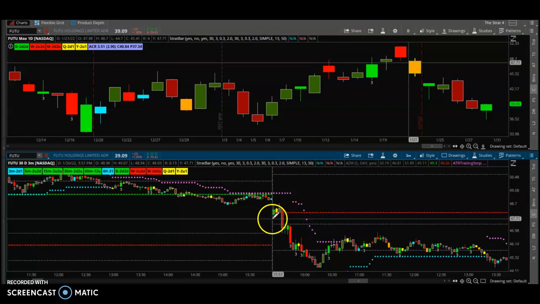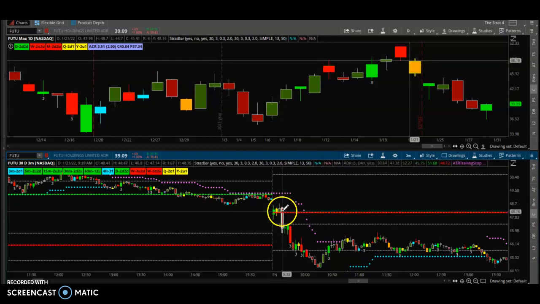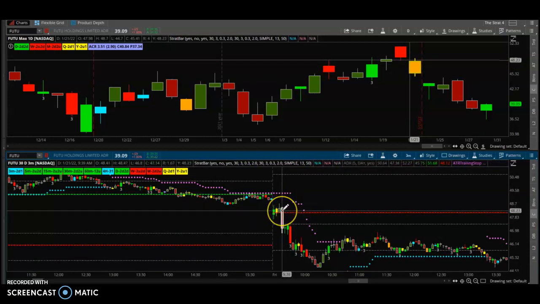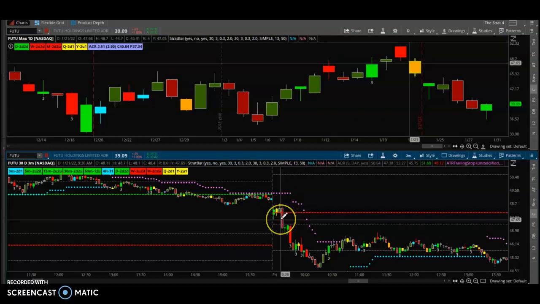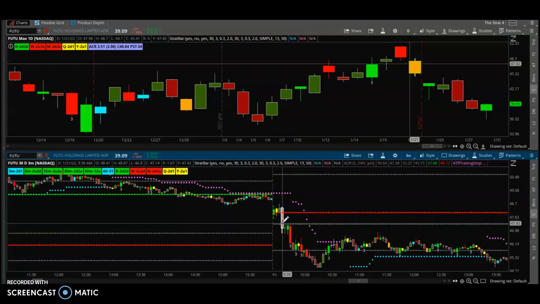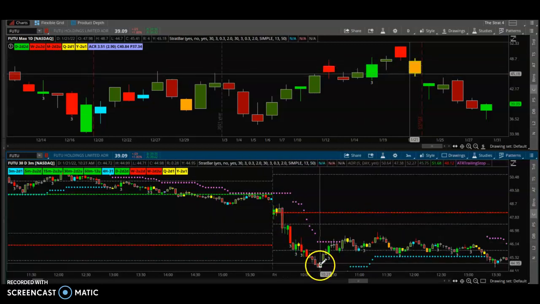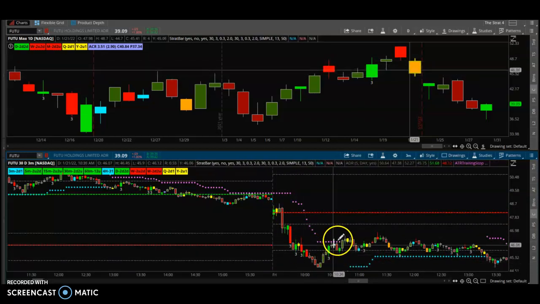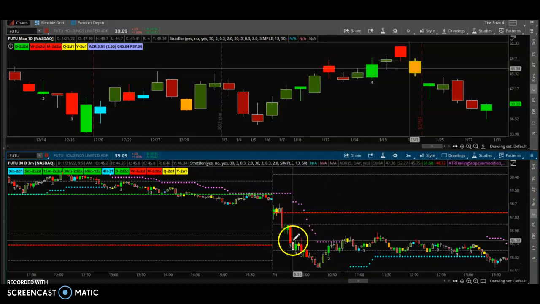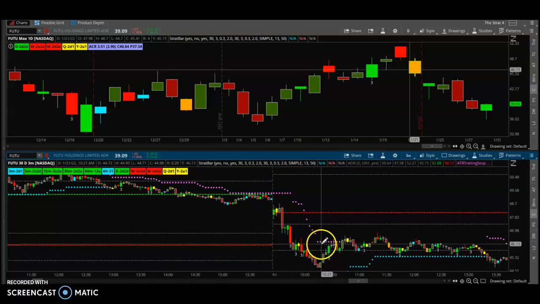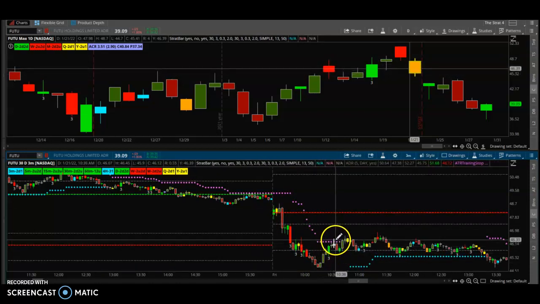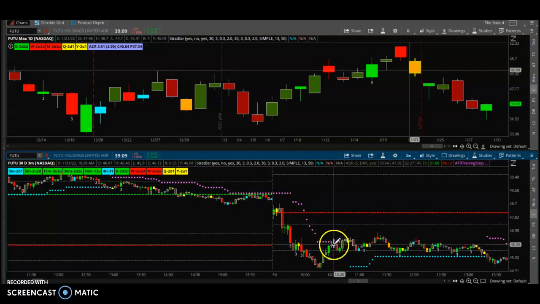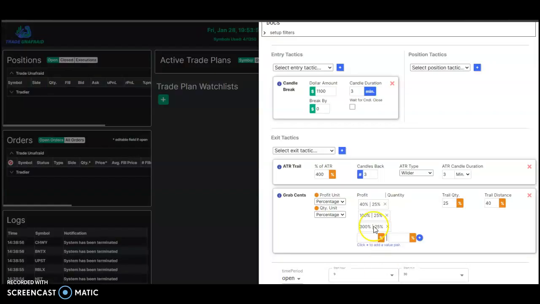So it filled the gap on the fourth bar. I entered, and it went, and then took partials along the way, and I guess it probably stopped out on the ATR trail. So this is the plan.